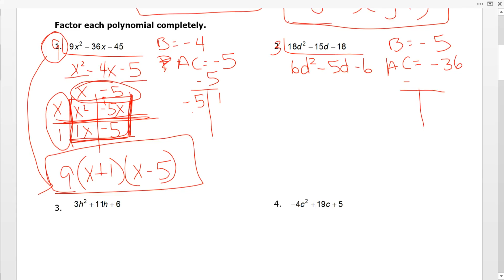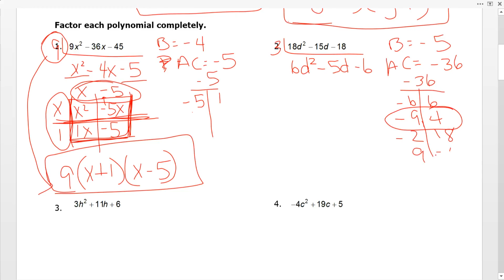My factors of -36 are 6 and 6, 9 and 4, 8, 7, 6, 4, 3, 2, and 18.